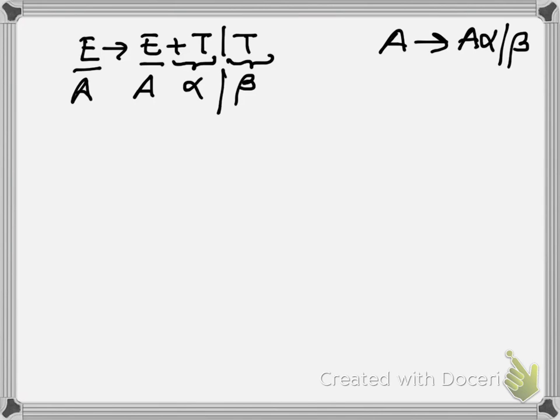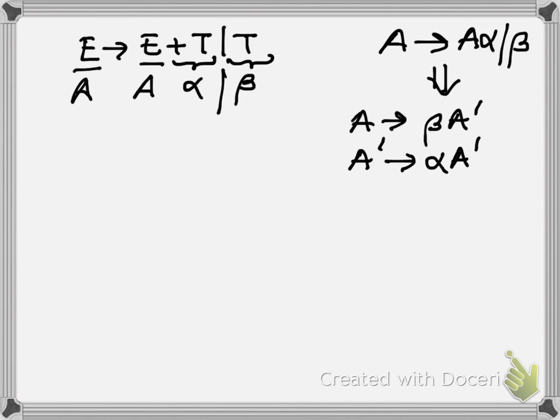Now how do we rewrite this in the form A derives beta A dash, and A dash derives alpha A dash or epsilon? Our A here is E. So E derives beta, and beta is T, followed by A dash, so I will have another variable here called E dash: T E dash.